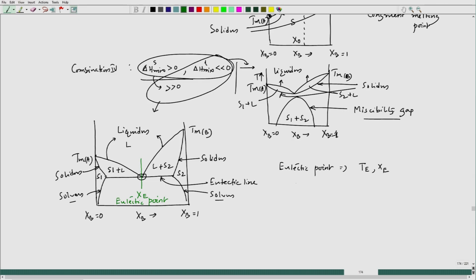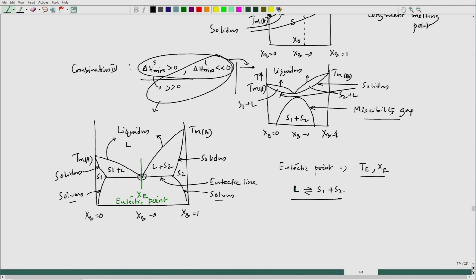And why is this unique? Because at this point one liquid actually breaks into two solids, S1 plus S2, at this particular temperature and composition, and this is under equilibrium.